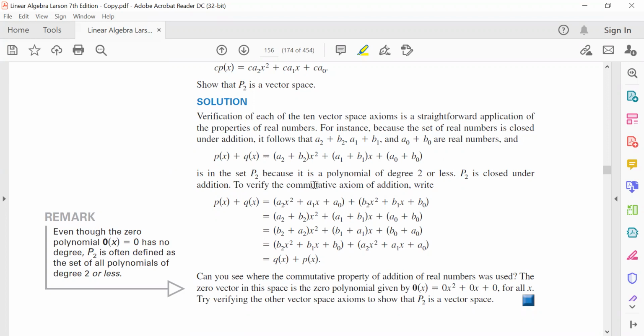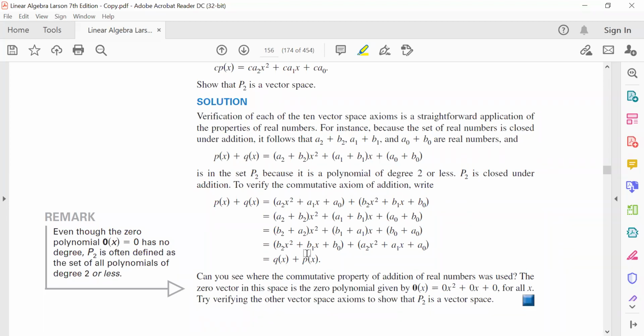I can factor and rearrange everything. This is going to be equal to a2 plus b2 x squared, a1 plus b1 x, a naught plus b naught. Now I can switch the a's and b's, because these are just plain numbers. I know that plain numbers are commutative, and now that I've done this, I can redistribute and group everything together.